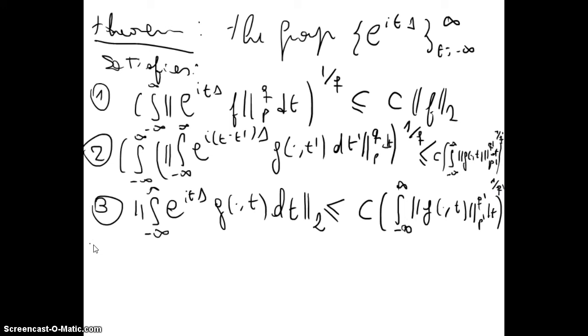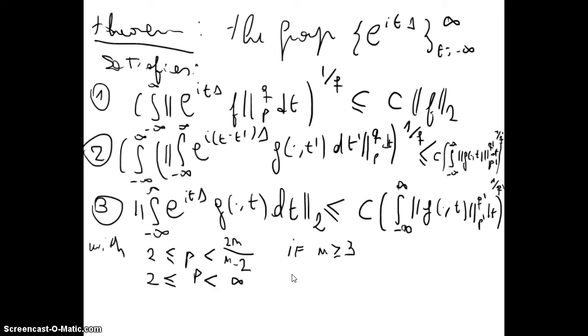Okay, and this is all with, well, we will have that p between 2 and 2n over n minus 2. This will be if n is greater or equal than 3. You will have p between 2 and infinity if n equals 2, and p infinity if n equals 1.